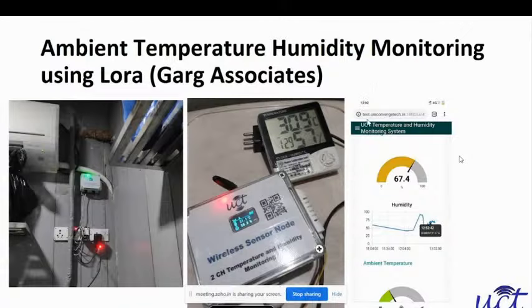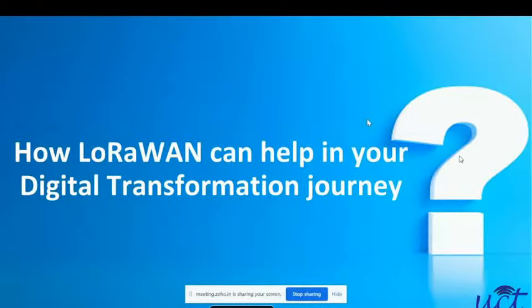So now we can move to our Q&A, and we can take questions. Here is a simple question from my side: how can LoRaWAN help in your digital transformation, for your industry, and how can you implement LoRaWAN?